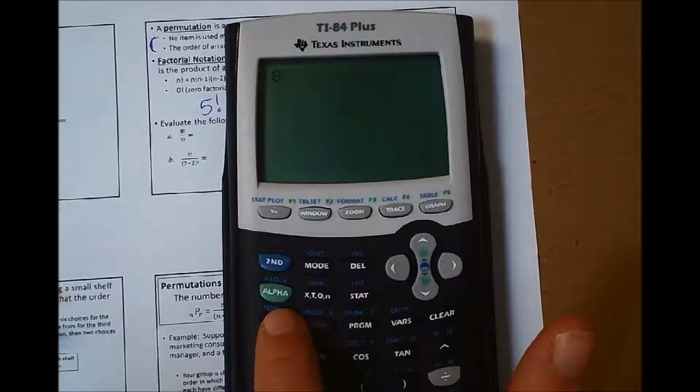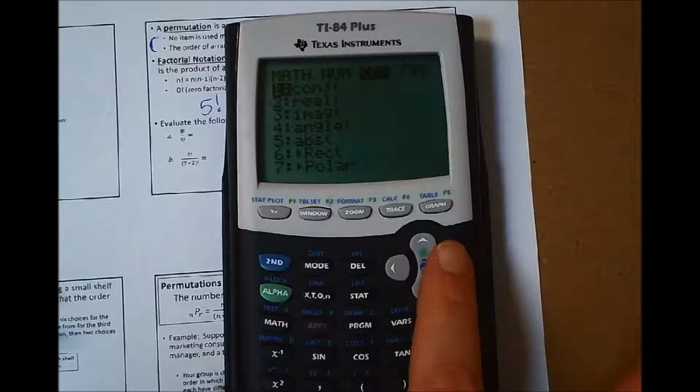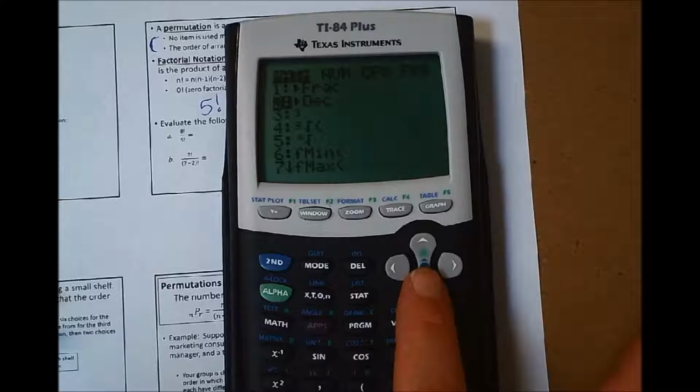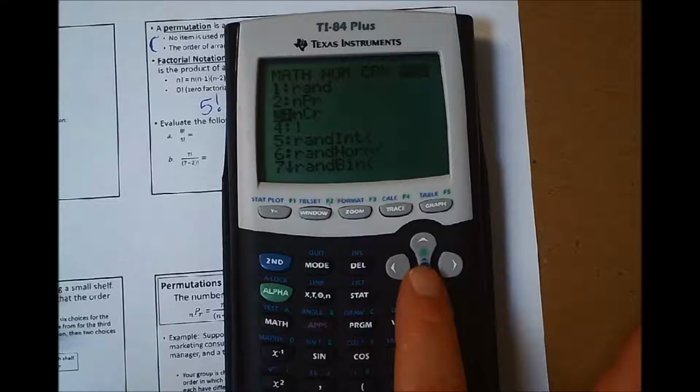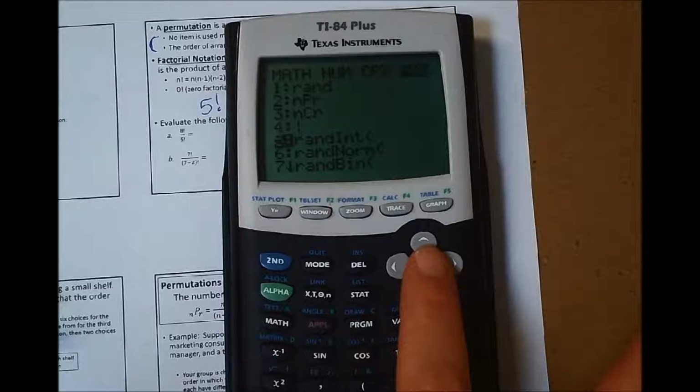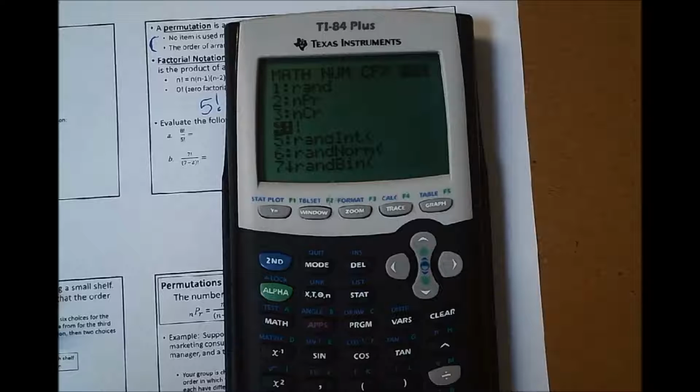Scroll over to PRB. And do you see number 2? Nope, I went too far. PRB. There we go. Number 4. Went too far again. 4 has that little exclamation point. Hit enter. There we go.